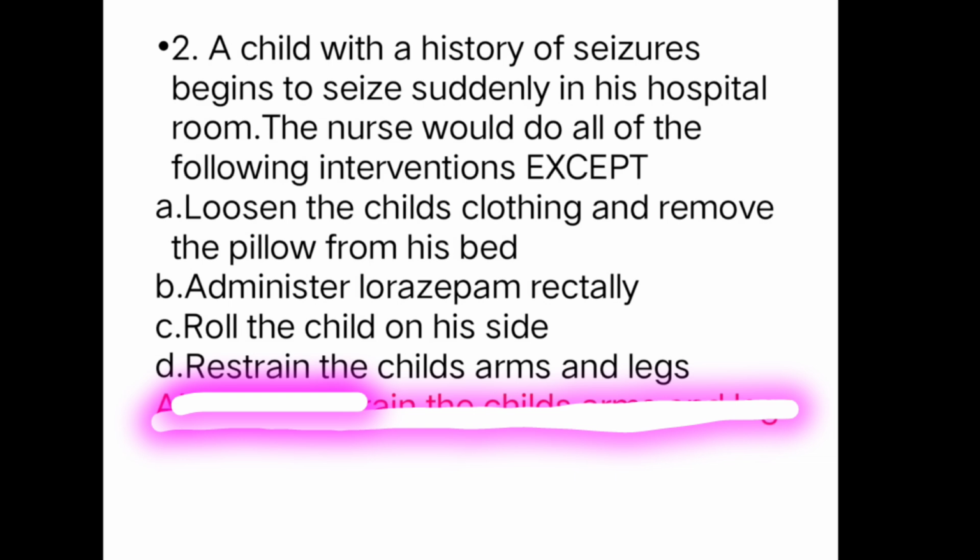B, administer lorazepam rectally. C, roll the child on his side. And D, restrain the child's arms and legs. Think for yourself: if a baby is having a seizure suddenly, as a nurse, what intervention will we not do? The answer is, we will not restrain the child's arms and legs.